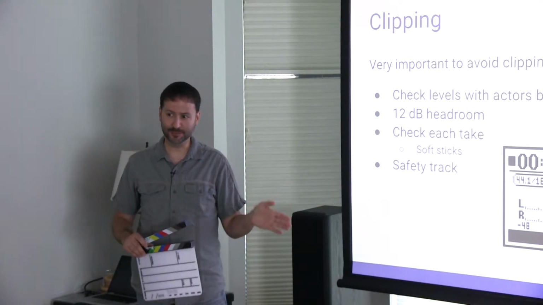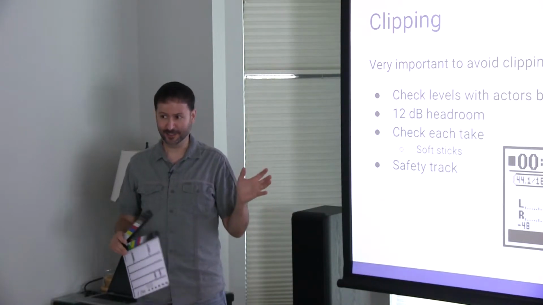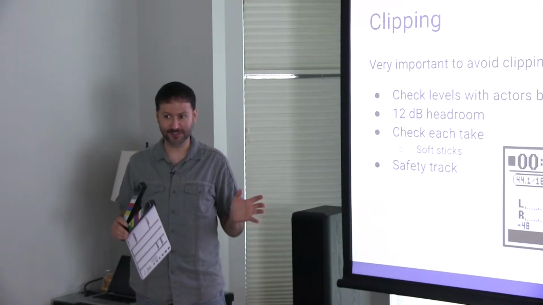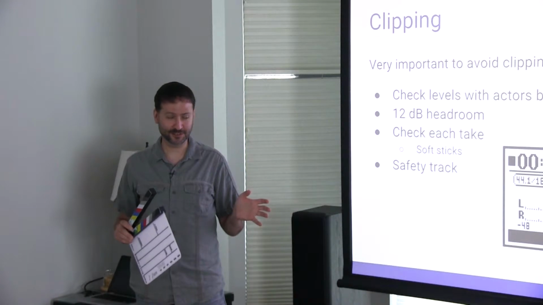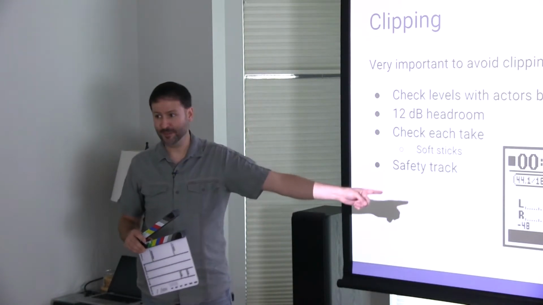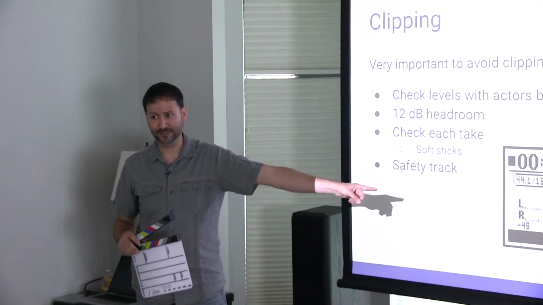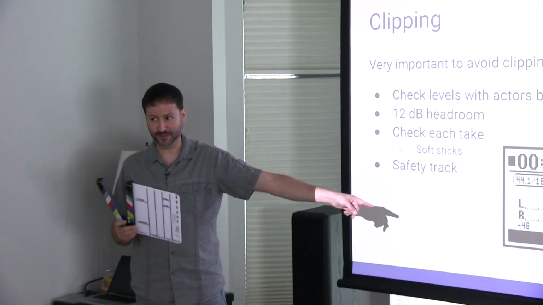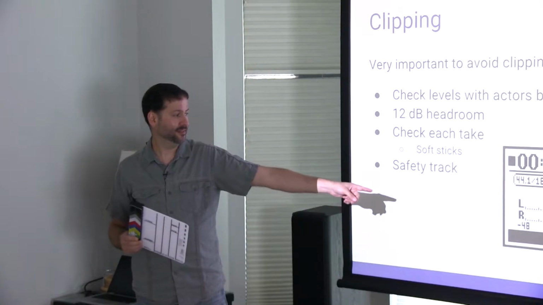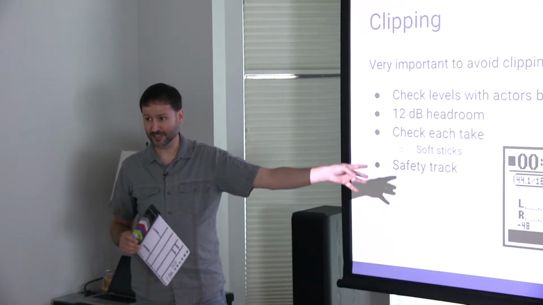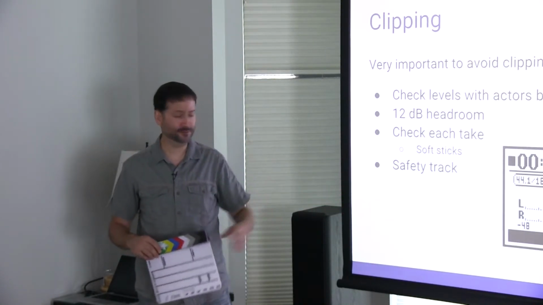So if it's an important take, and it was really hard to get that, and it's not bad, you don't want to discard it. You should play it back and watch the meter as you're playing it back and see if it clipped during that. Because if it only clipped when the sticks were slapped, then the rest of the take is good and you can say so. But you've got to play it back to be sure.